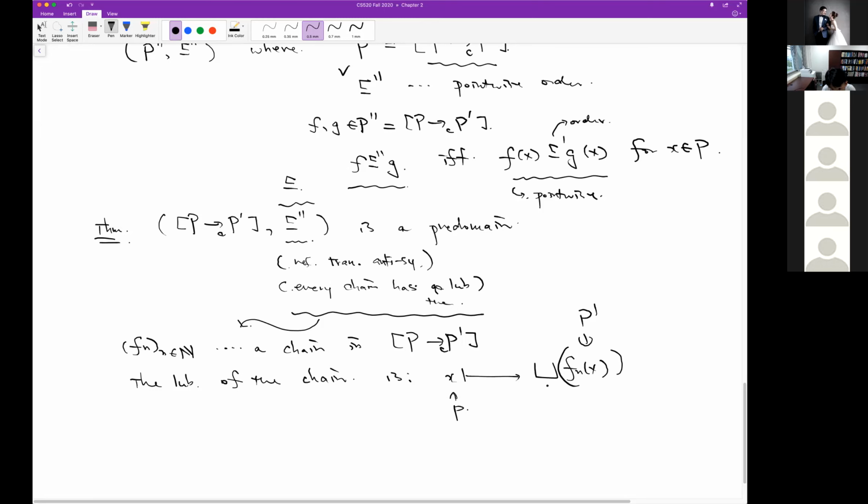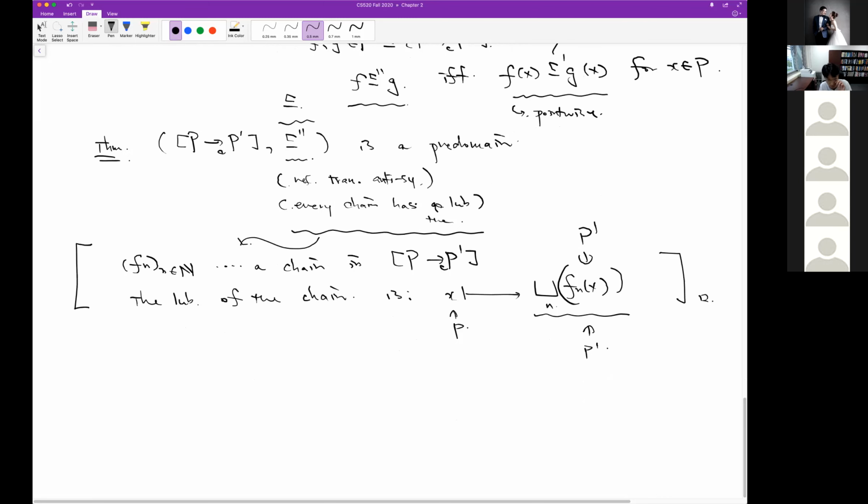Then take the least upper bound in P prime. So in other words, this function itself is defined in a sense pointwise using information available in the output. And that's how the least upper bound is defined in this case. Okay, so it's not really a proof, but it's the key idea behind the proof.